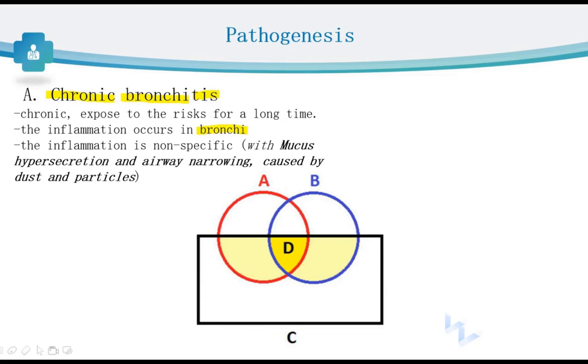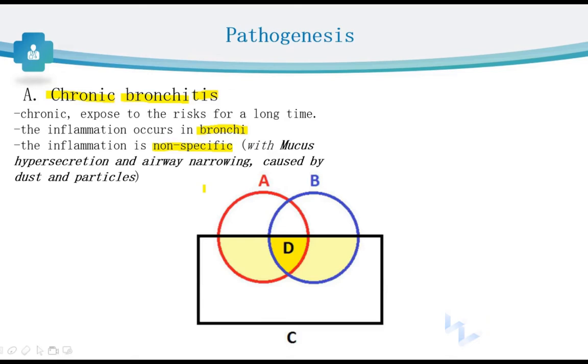Another key point is about the inflammation. The inflammation in COPD or chronic bronchitis is a non-specific one. There are 2 types of inflammation, non-specific and specific, and there are several differences between these 2 types.